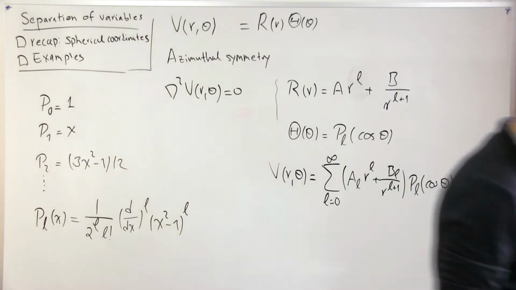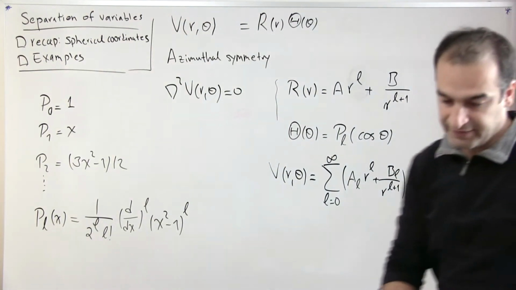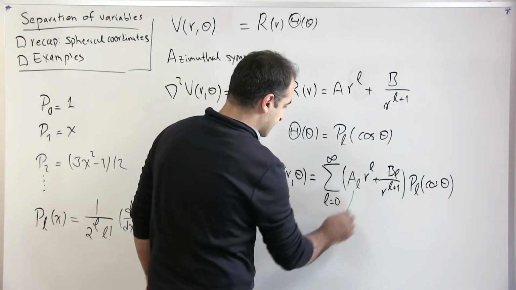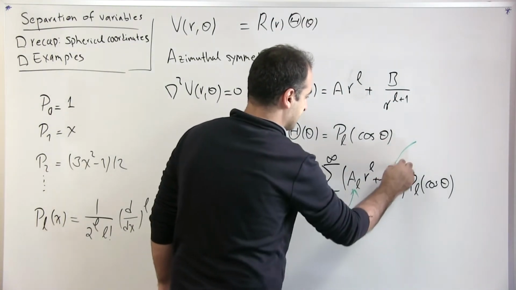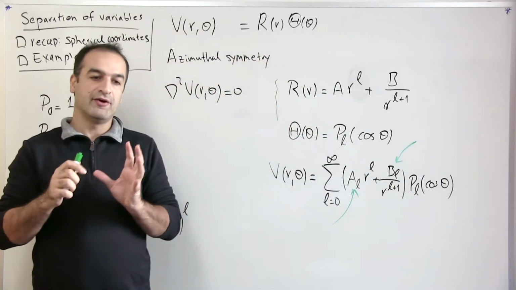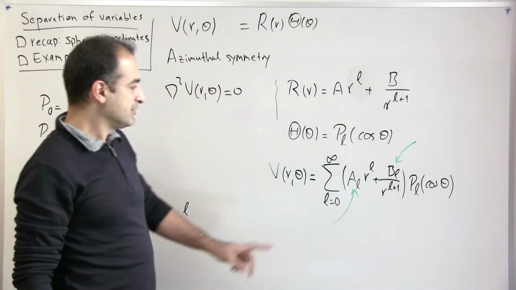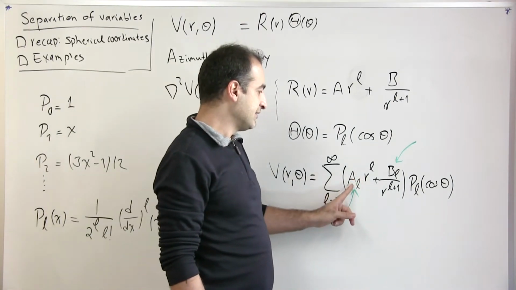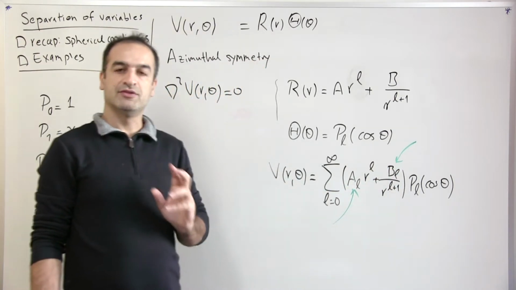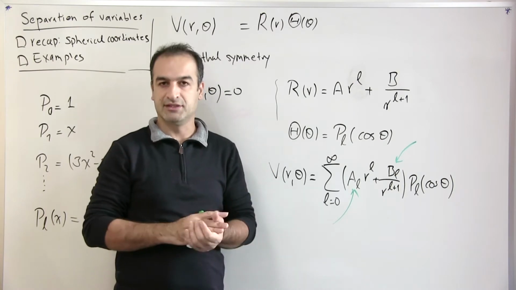If you look at this, we have only two fitting variables here, A and B. So at the end, everything in terms of r and theta boils down to finding what A_L values we should choose and what B_L values we should choose.